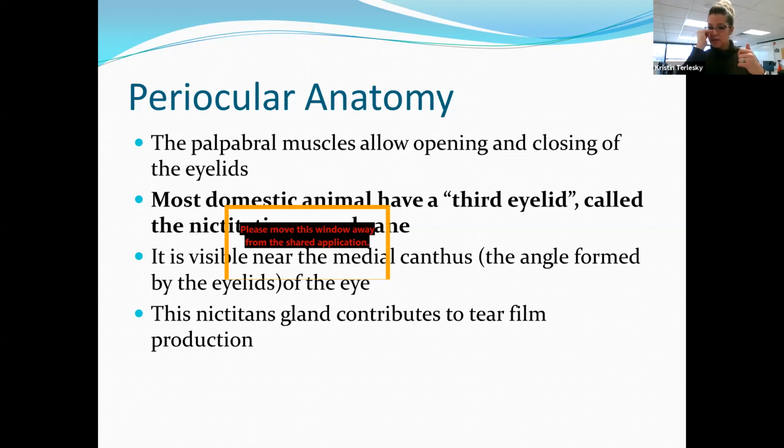That corner is called the medial canthus, and that's right where the nictitating membrane sits. We don't have one of those. If we did, every time we got sick, it would come halfway across our eye. So if you see something almost grayish come across their eye, like a gray skin color, that's their third eyelid. The nictitating gland is also where there's tear production, and we'll talk about that in a second.